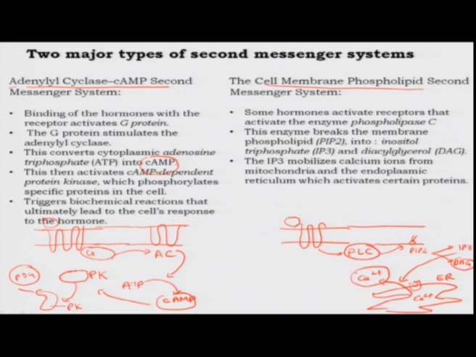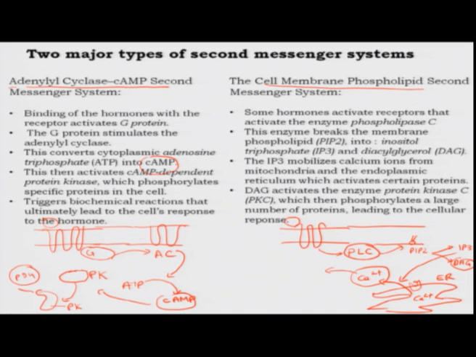This calcium has certain effects, it activates certain proteins, and DAG also activates another protein kinase which is known as protein kinase C. This protein kinase C then again catalyzes the phosphorylation of many other enzymes or proteins in the cell and leads to the cellular response of this particular hormone system.